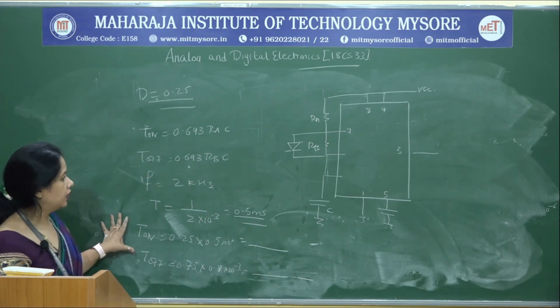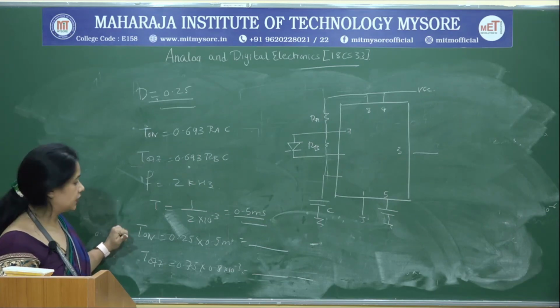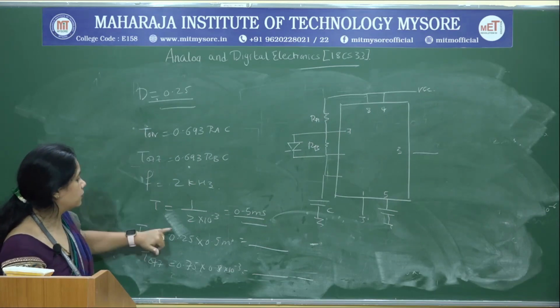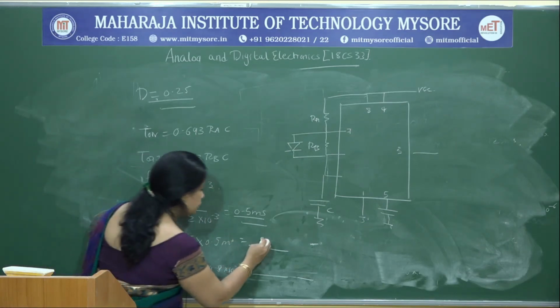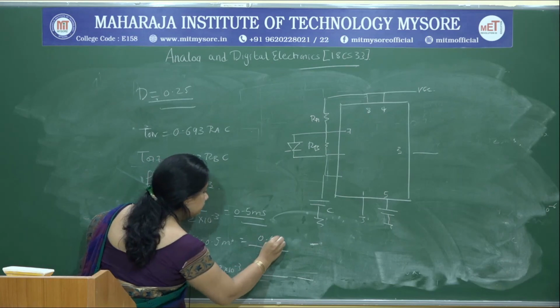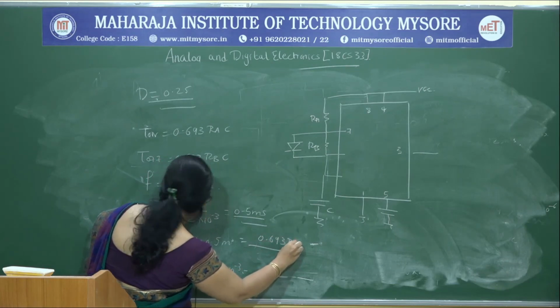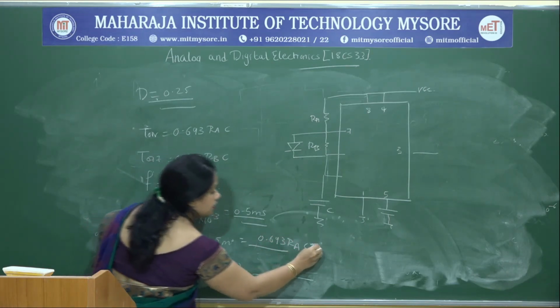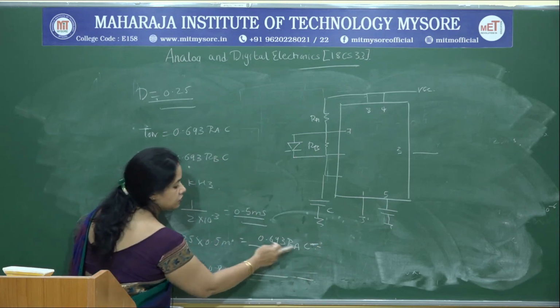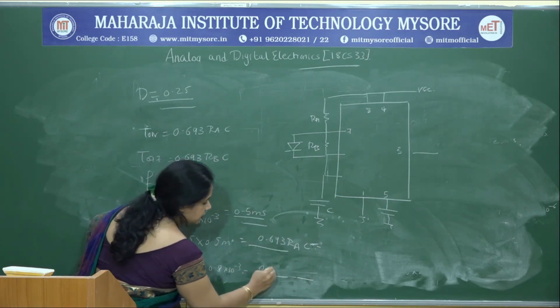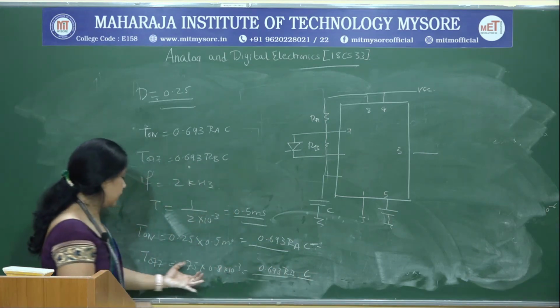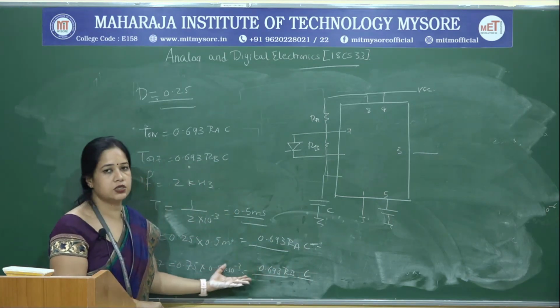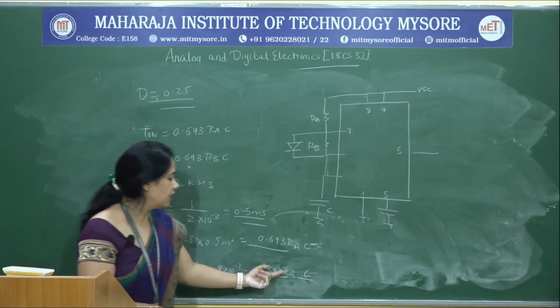Now, I will leave this as an assignment. I expect you to compute the values of RA and RB corresponding to this. I will make it simpler. T on is 0.693 RA into C. Substitute the values and find out the value for RA, and T off is 0.693 RB into C. Compute the values. It is only substitution that is remaining.